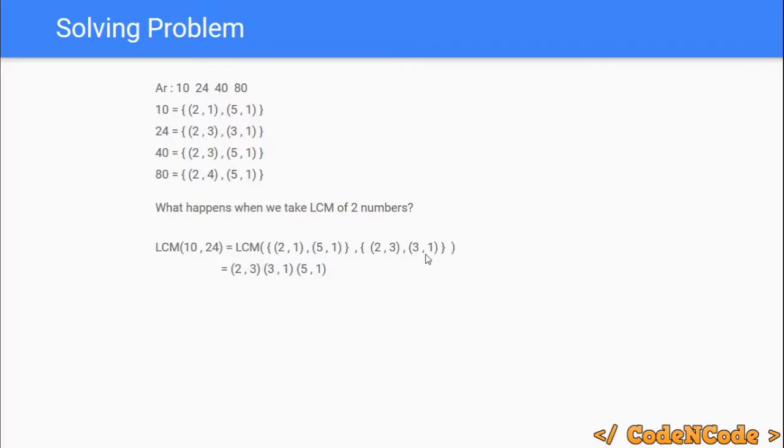Prime 3 is present in the second number but not in the first number, so 3 raised to the power 1 would be directly copied. Again, 5 is present only in the first number, not in the second number, that is why 5 raised to the power 1 will be directly copied. So this will be our answer. This is how LCM works, and this was an important observation because it is going to help us find the solution.